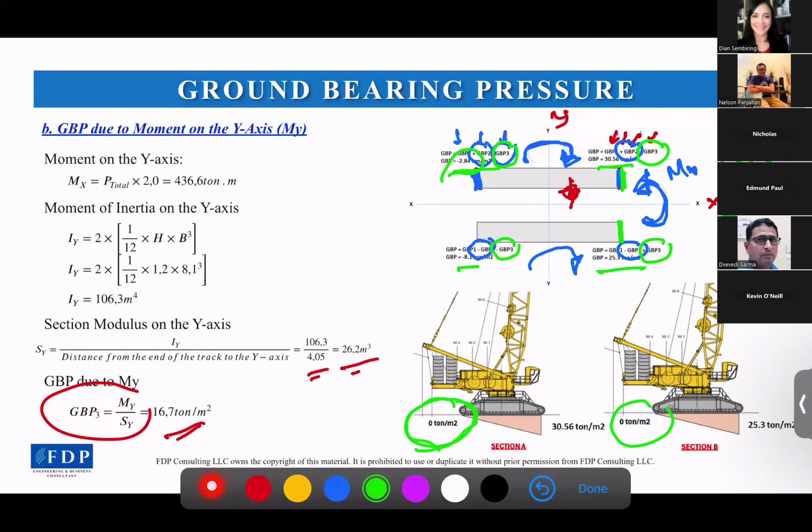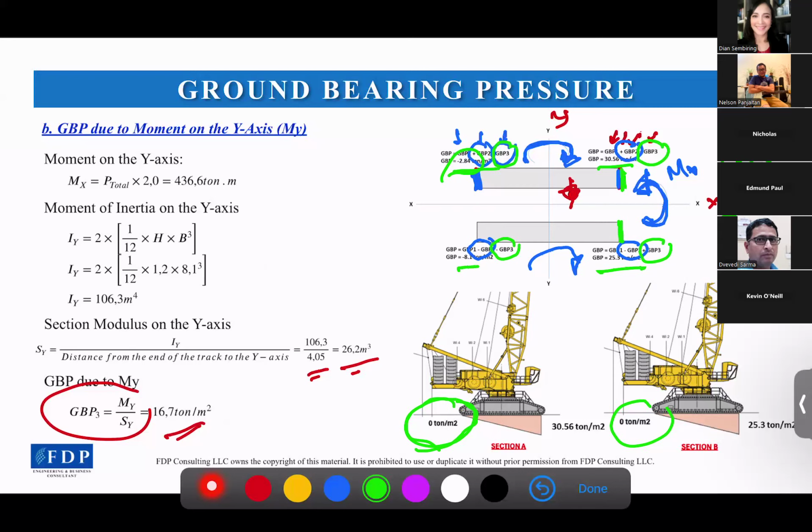But for a good design on the lifting, we should have a positive ground bearing pressure across the whole of the track.